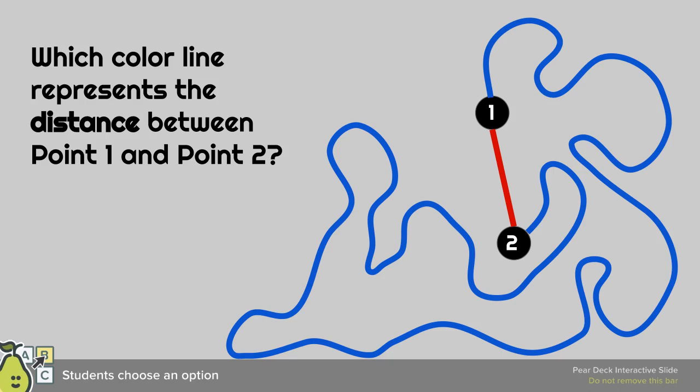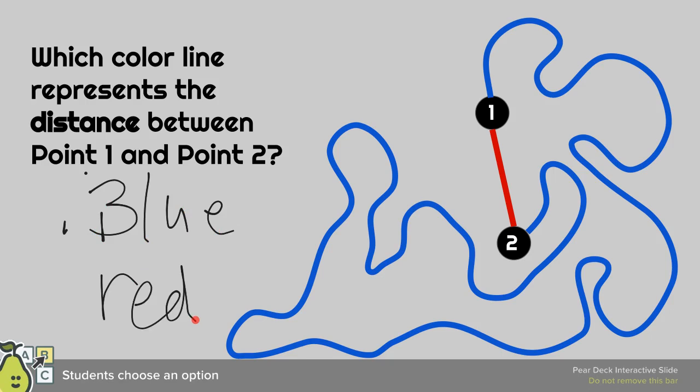So which color represents the distance between points 1 and 2? Is it the blue line or the red line? Which is it? If you pick blue, you're correct.